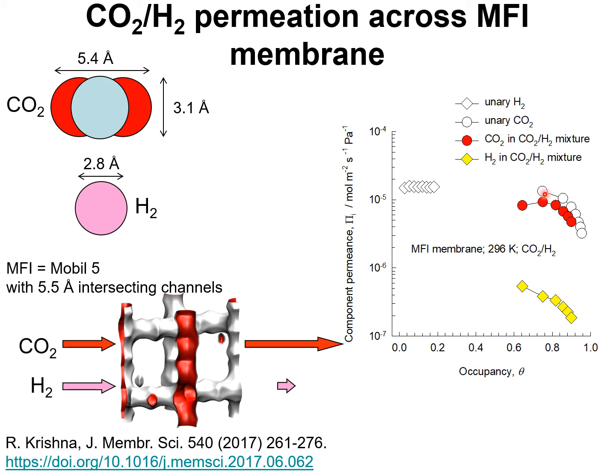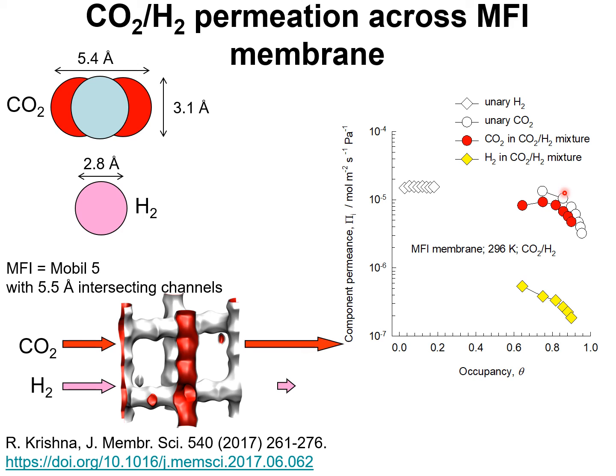But you also note that the permeance decreases by about 1 order of magnitude with increasing occupancy in the upstream compartment of the membrane. So if we compare the data on the unary permeances of hydrogen and CO2, hydrogen has a much higher permeance than CO2.